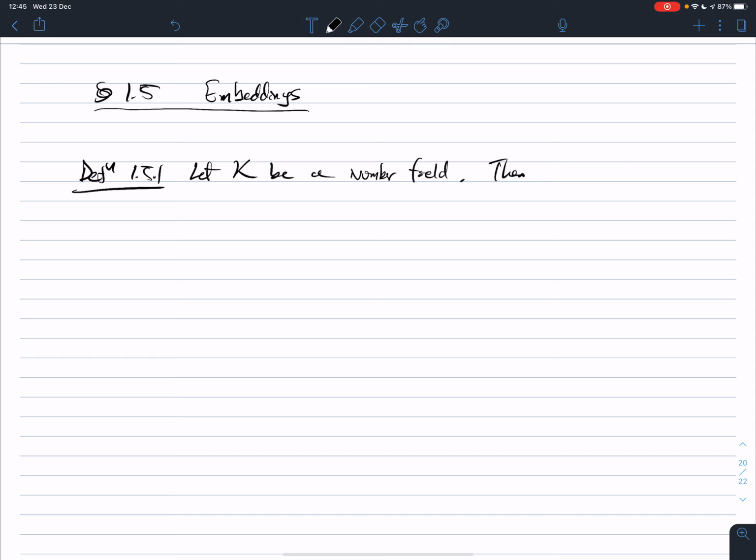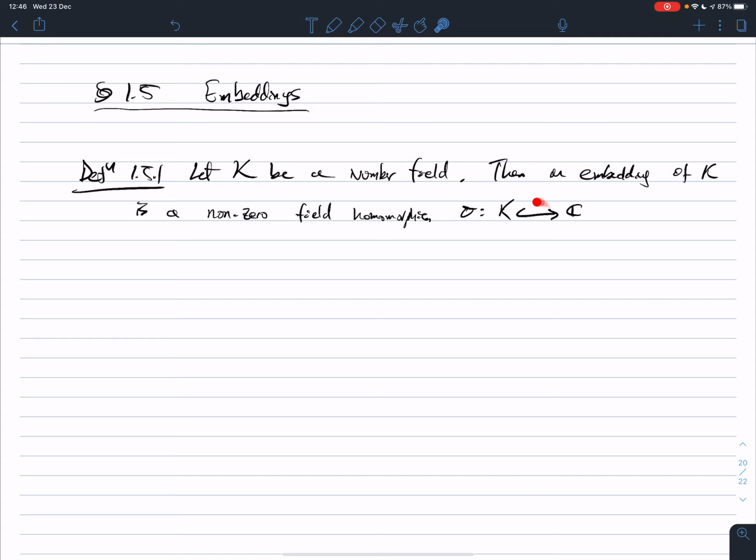Then an embedding of K is a non-zero field homomorphism, I'll denote it sigma, from K into the complex numbers.